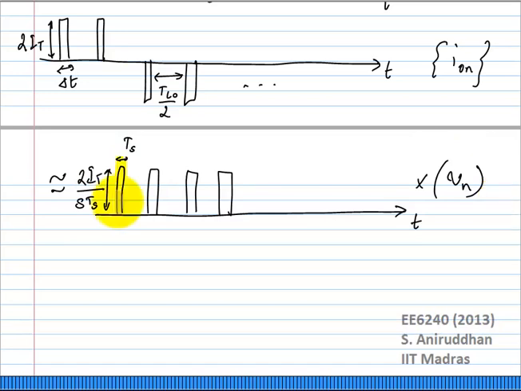So Ts is defined as the switching time when both the transistors are turned on.